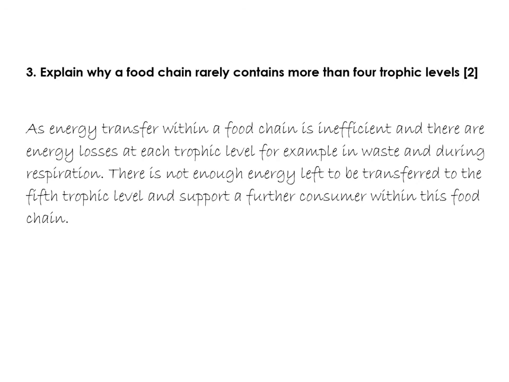Okay, so that's pretty good in that we've got both examples and why that would limit the food chain. So just maybe putting feces and urine in there and heat loss in respiration might just strengthen that mark point up a little bit more.